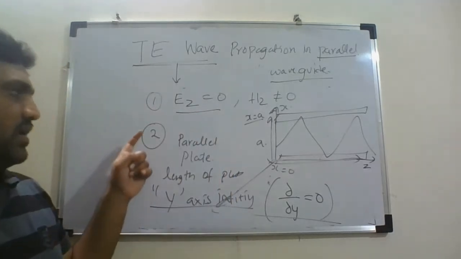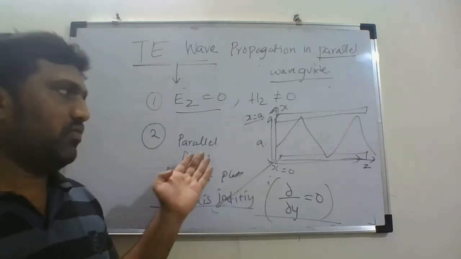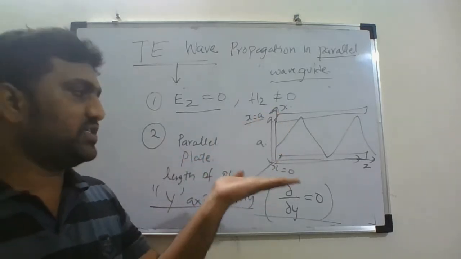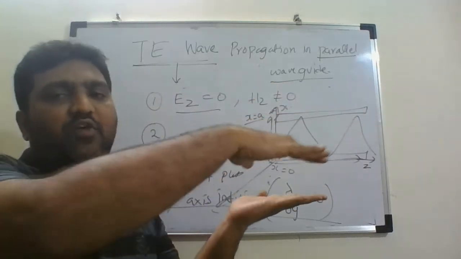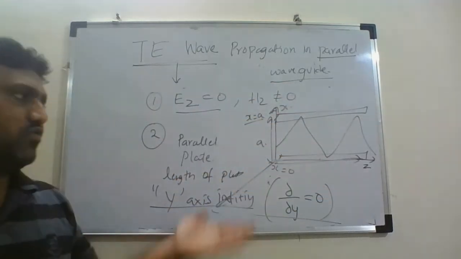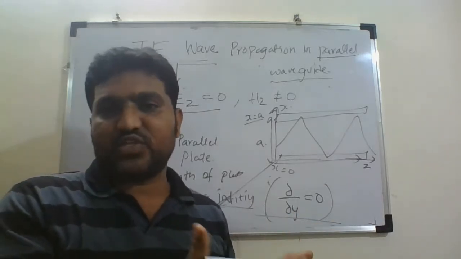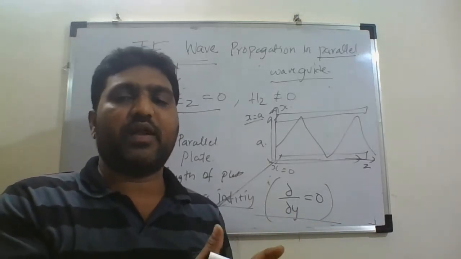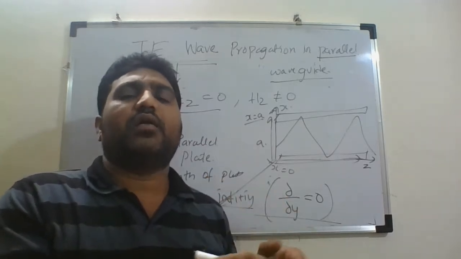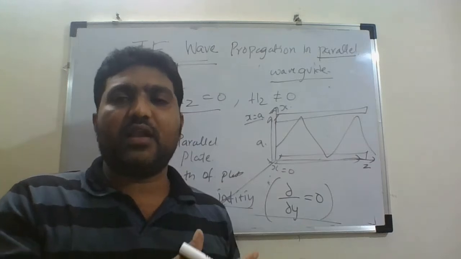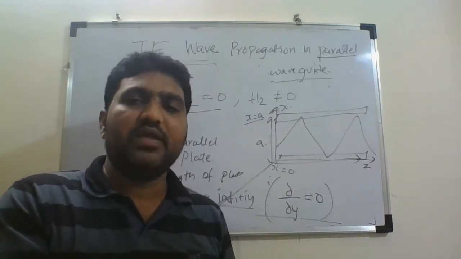The second point is that because it is a parallel plane waveguide, the parallel plates are placed like this, and we are assuming that these are of infinite length. The parallel plane waveguide in itself is a general theoretical assumption, so it does not exist practically. We assume it just to give a feel of how the wave propagates inside waveguides.